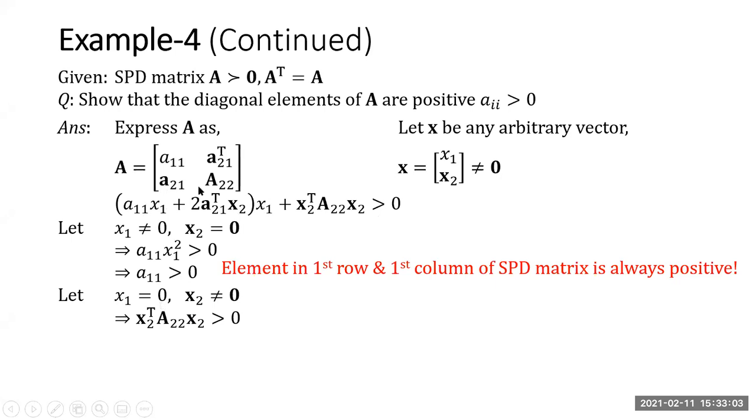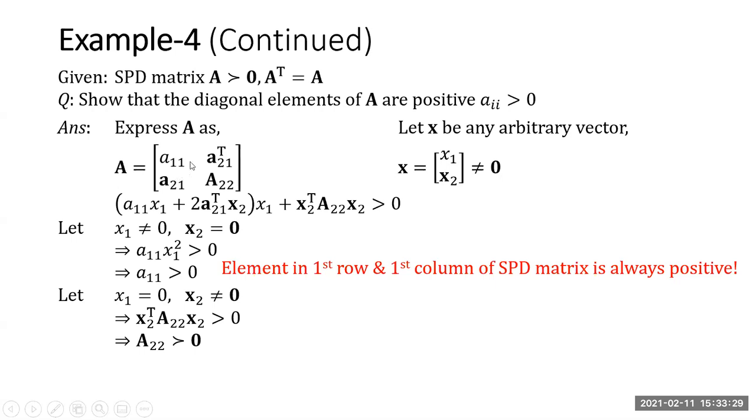Which means that x2 transpose A22 x2 is greater than 0. x2 is any non-zero vector. What can you infer from here? A22 is positive definite, right? So this is positive definite.